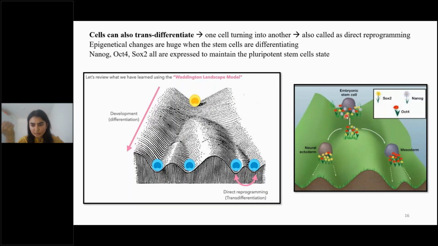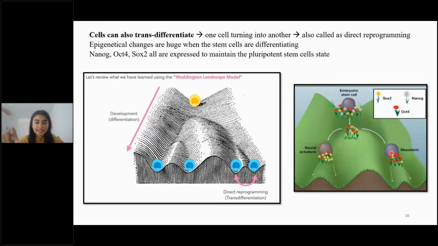They have the SOX2 protein functioning, they have OCT4 protein functioning, they have NANOG functioning. And when you leave it, you see they now have more of the SOX2 protein forming. If the cell has more SOX2 protein, then it's not going to get differentiated into neural ectoderm. And if it has OCT4 protein functioning, then it's going to form the mesoderm.